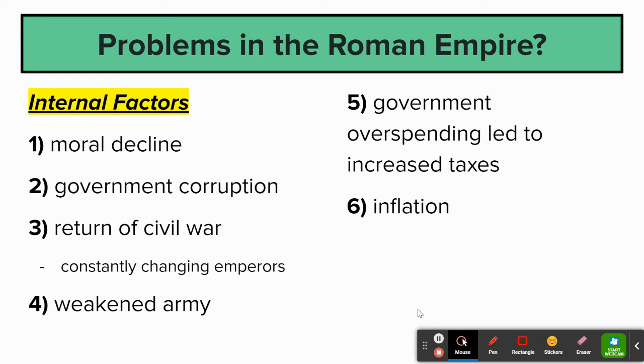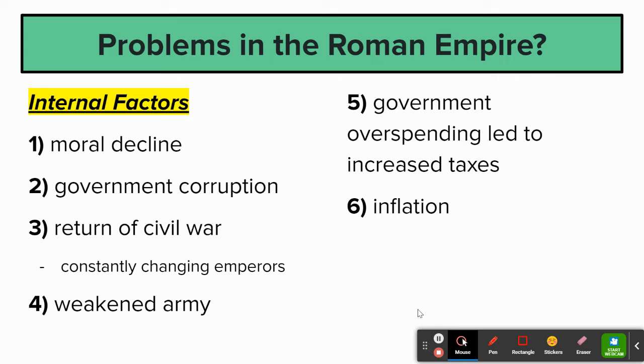Number 6, inflation. So as the Roman government produced more and more currency that was backed by cheaper, less precious metals, not silver, for example, we see a rise in prices of goods and services. That's inflation.